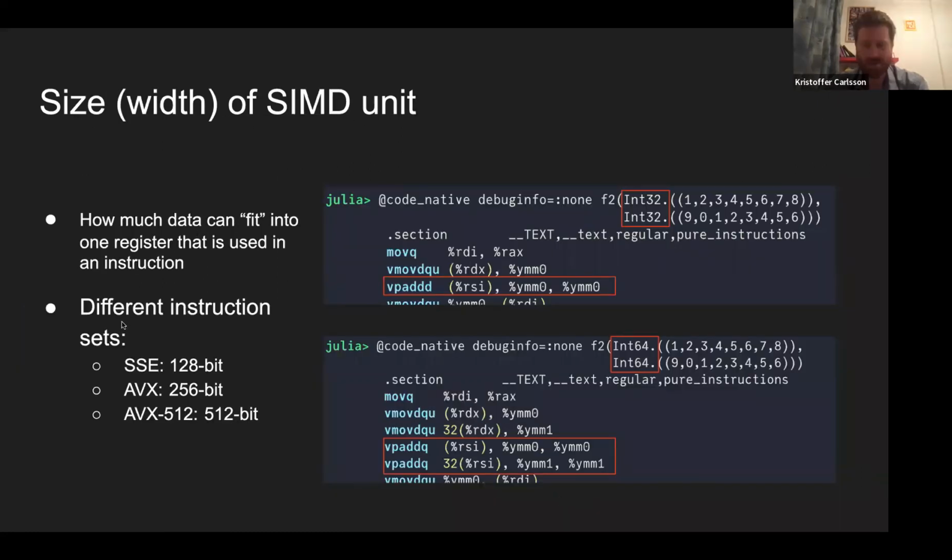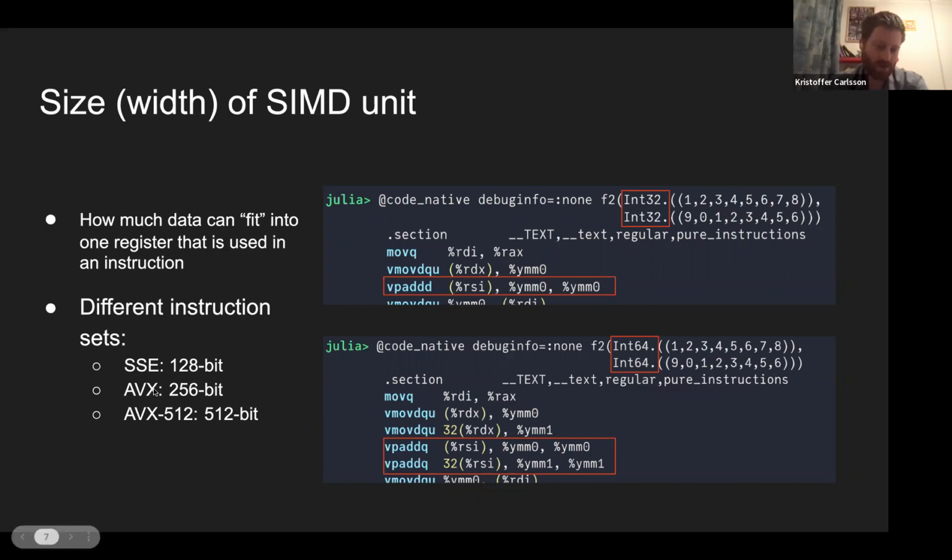Depending on which instruction is run and what instruction set the CPU supports, different amounts of data can fit in these boxes. SSE, which is quite old now, could fit 128 bits. That would be, for example, 2 64-bit integers or 4 Float32s, 32-bit floating point numbers.